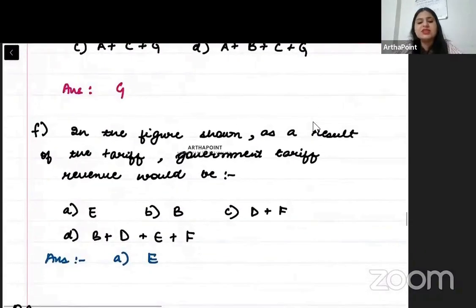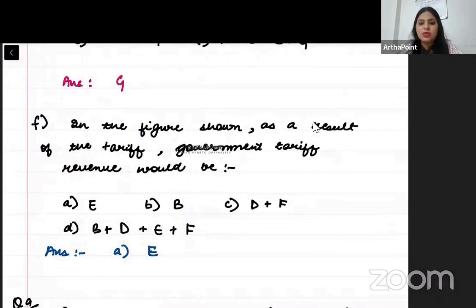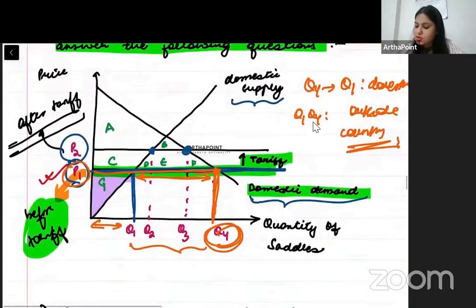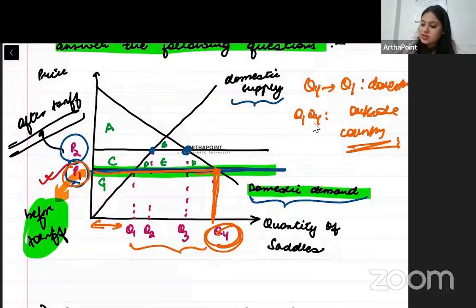And finally it says, in the figure shown, as a result of the tariff, government tariff revenue will be. So how much tariff is collected? This much, the gap between these two. And on what quantity? The quantity that is imported. How much is imported?